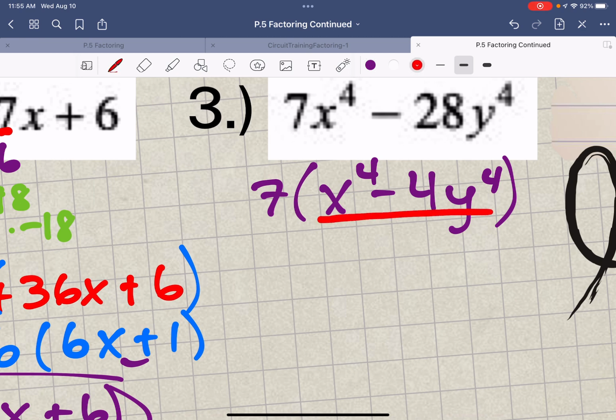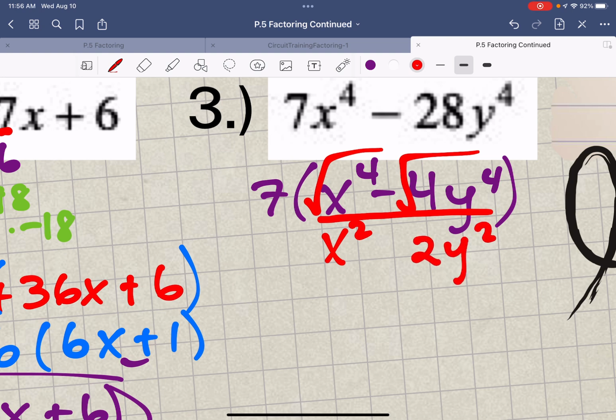So what's inside the parentheses? And you're saying, 2 terms with a minus sign, that might be a difference of squares. And you would be right because both of these have a square root. So the square root of x to the 4th is x squared. The square root of 4y to the 4th is 2y squared.